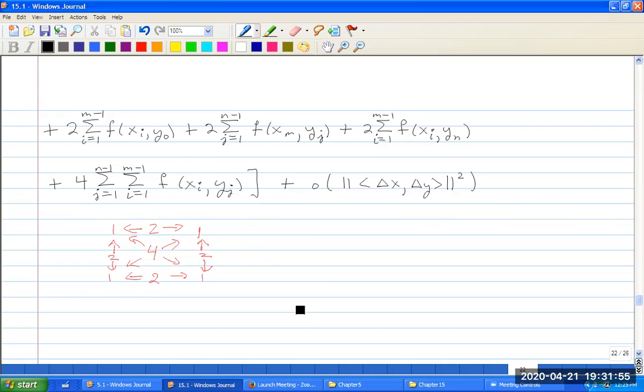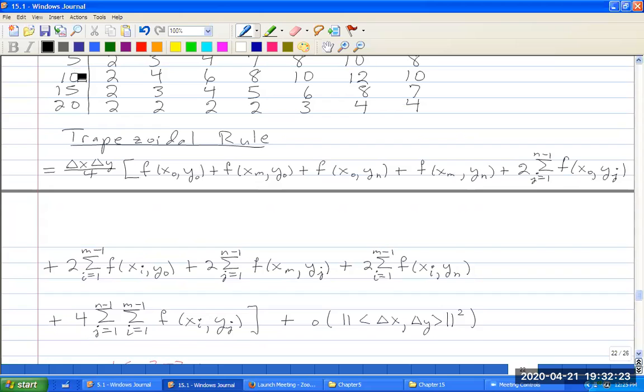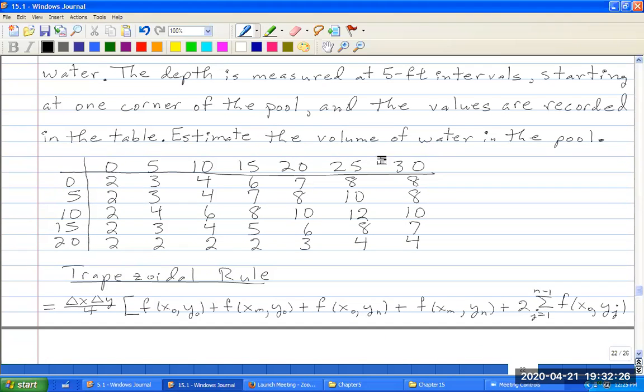So the volume, which is actually a double integral, but we don't know what the function is, is approximately, well, the only thing I need from here is this factor, delta x delta y. I'll call this x and this y.